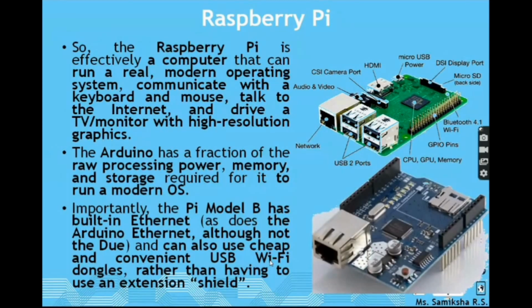Similarly, in Raspberry Pi also, you can have USB Wi-Fi dongles connected through the USB ports. If there is no Wi-Fi connectivity, you can have shields in Arduino, but in Raspberry Pi you can have Wi-Fi dongles connected through USB. So this is the additional feature which Raspberry Pi provides to you. There is no need for any additional shields to be connected to your Raspberry Pi.